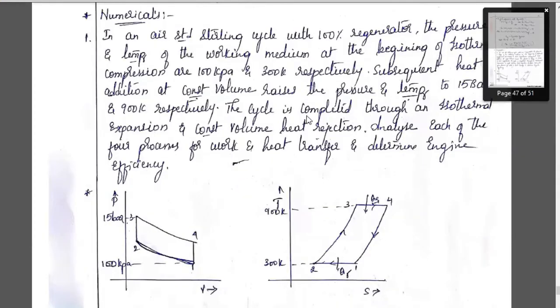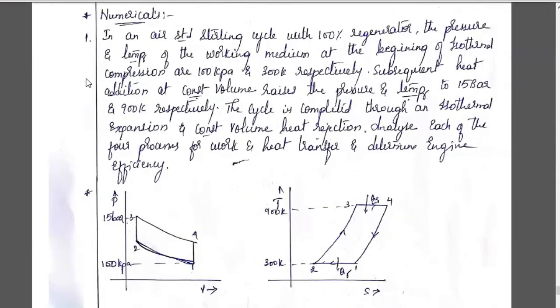So what the numerical says: in a standard Stirling cycle with 100% regenerator, observe, 100% regenerator means they have used the regenerator, very important. The pressure and temperature of the working medium at the beginning of isothermal compression are 100 kilopascal, so P1, and 300 Kelvin, T1.